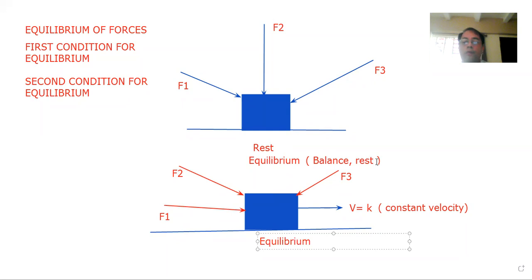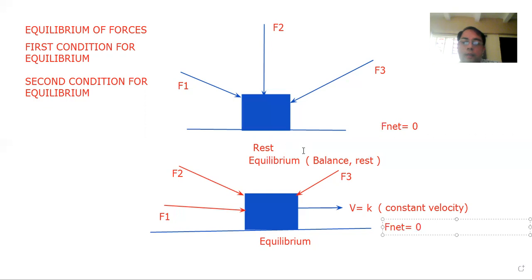The reason why we consider them to be in equilibrium is that in both instances, the net force is equal to 0. Now, what's the result when the body's net force is 0?